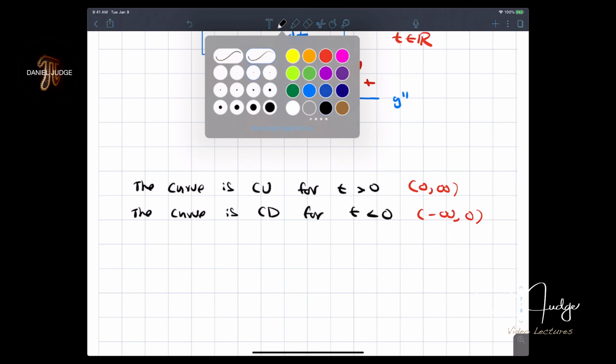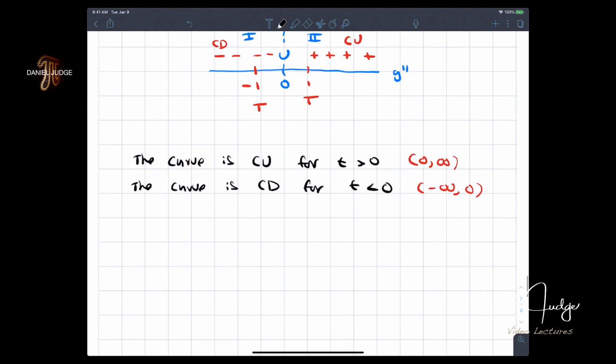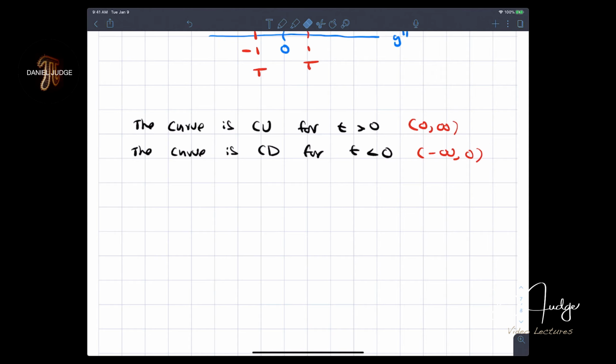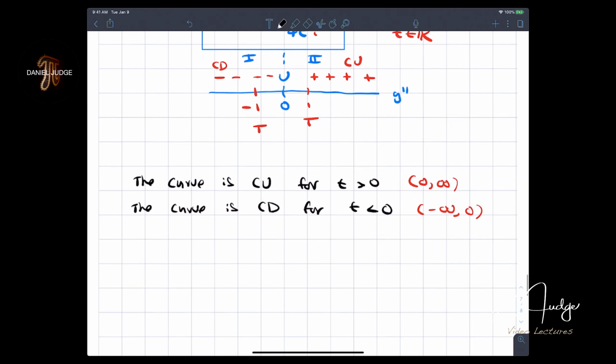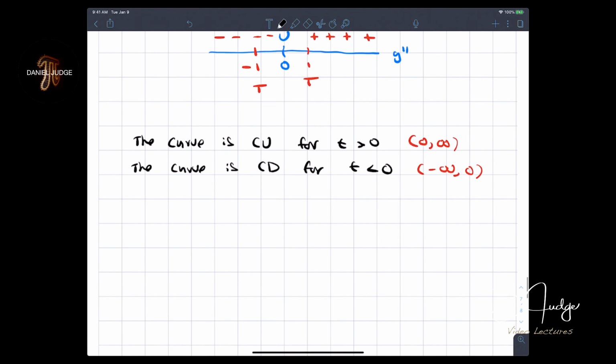But I want you guys to think about this really quick. I'm going to ask you guys, just look at this. You know what's coming. For what t do you have an inflection point?